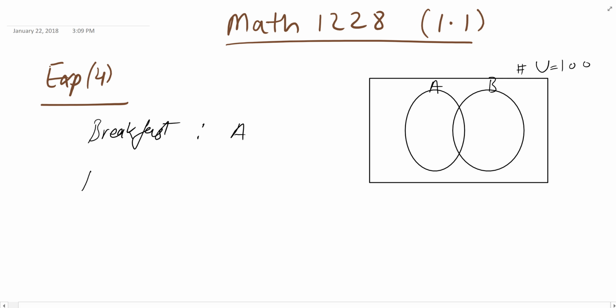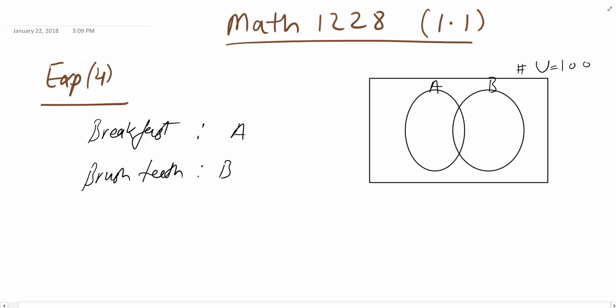Now I call the set of students having breakfast set A. And I call B the set of students who were brushing their teeth, they're right there, and those having breakfast are in the A set, right?